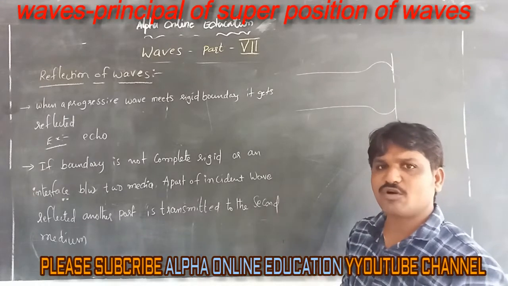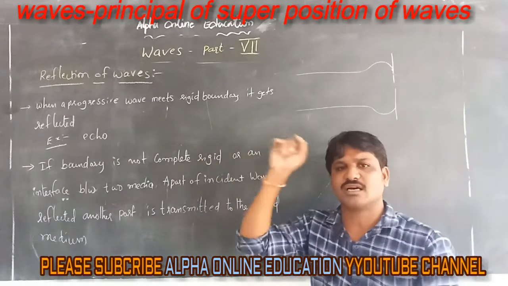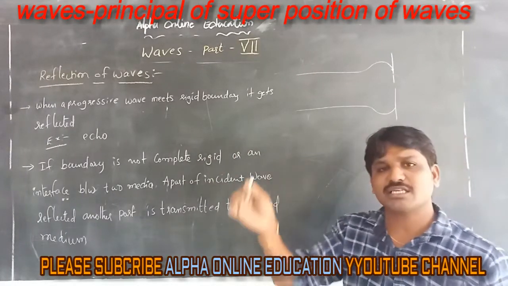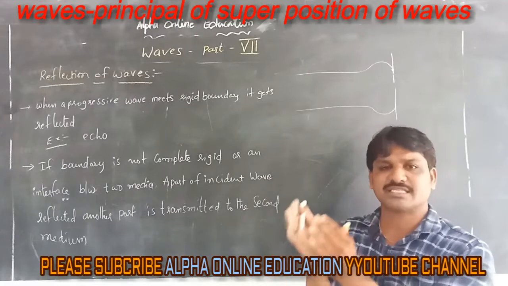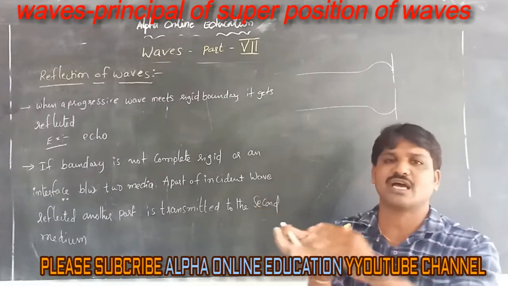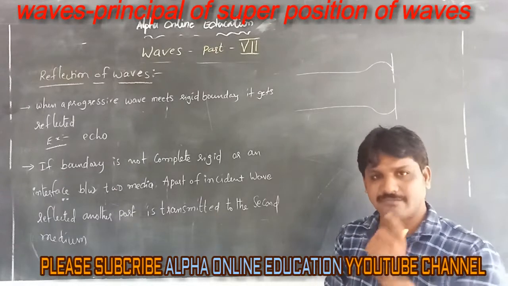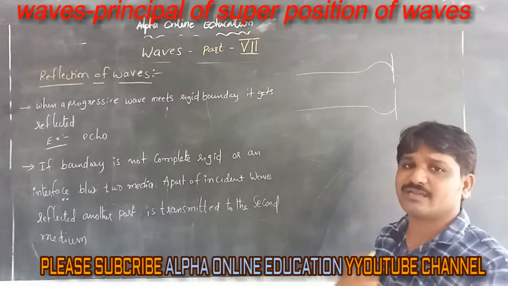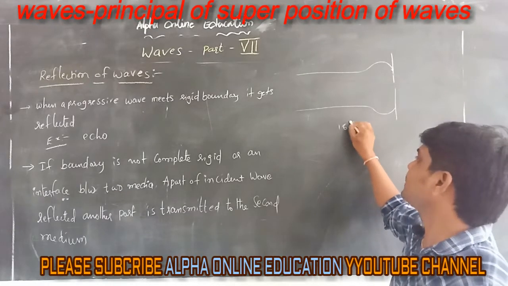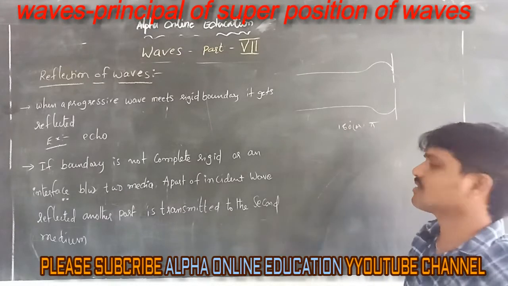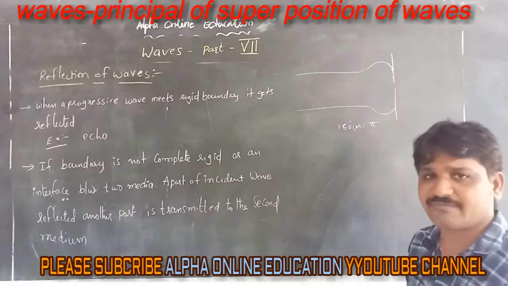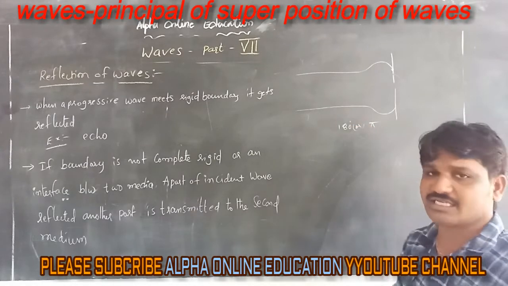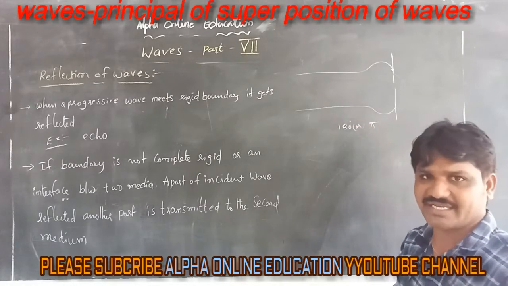The reflected wave has the same parameters as the incident wave, but the small change is in phase, which is 180 degrees or pi radians.